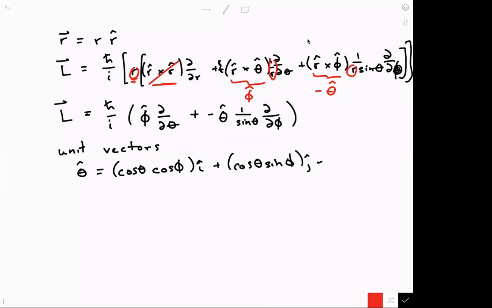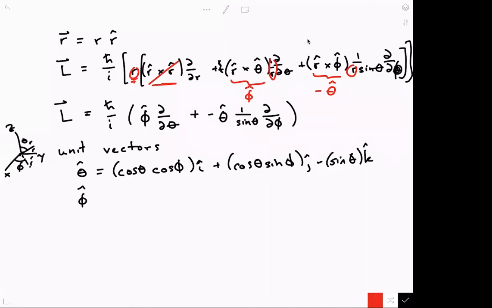And then negative sine theta in the k hat direction. And that is just from taking our Cartesian coordinates and giving ourselves a dummy location and figuring out the relationship here between r, theta, phi and x, y, and z. So that's our theta hat direction.